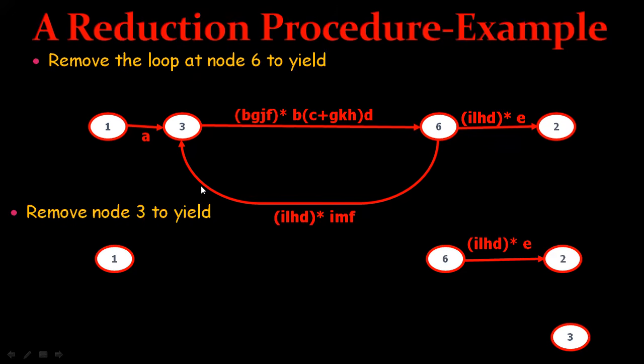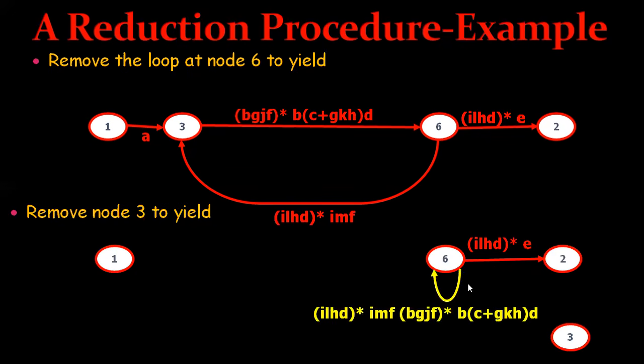If I remove the node 3, what will happen, you see? From here we are going to 3, 3 to 6. So again there will be a loop on 6. Again we will get one more loop on 6. And here from A to 3, 3 to 6. So there will be a link between 1 and 6.